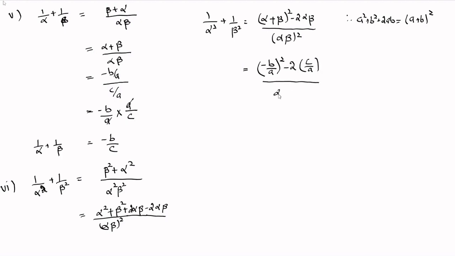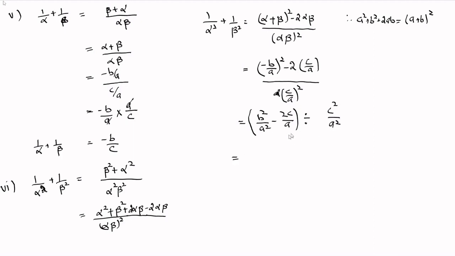So this can be written as minus b by a whole square, which is b square divided by a square, minus 2c by a, divided by c square by a square.